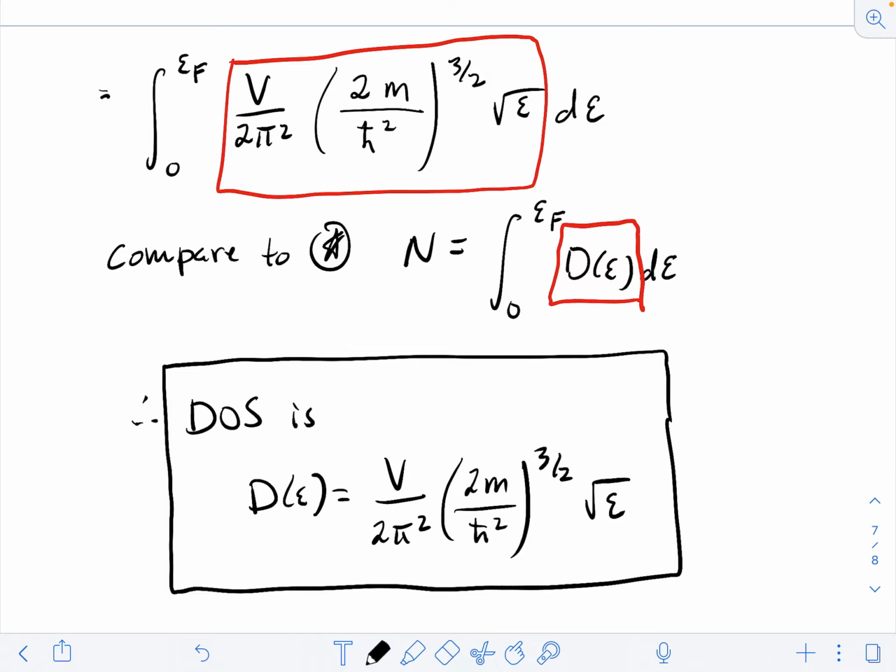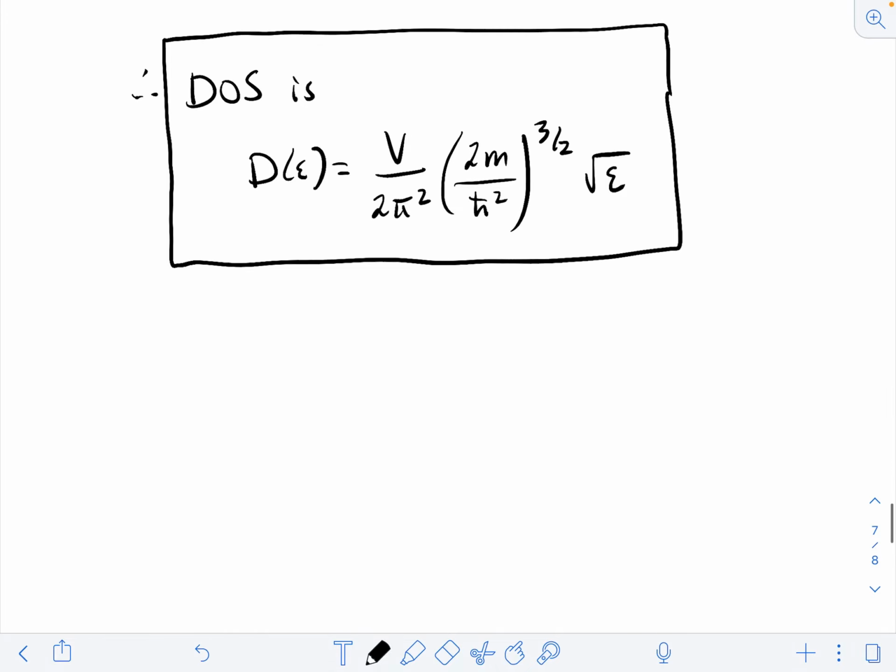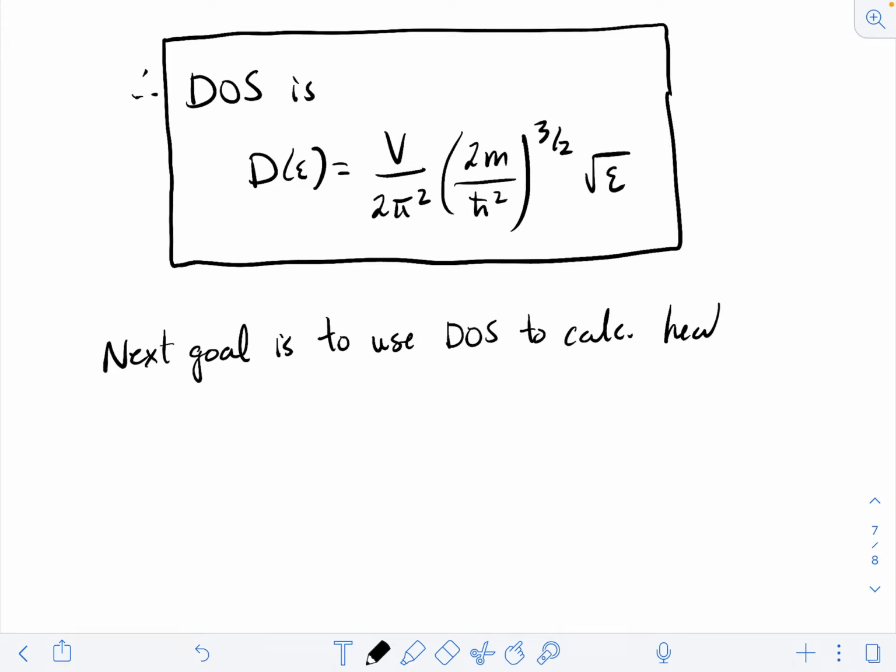And so what we're going to try to do now is use that density of states to calculate a heat capacity. So the next goal is to use the density of states to calculate a heat capacity.